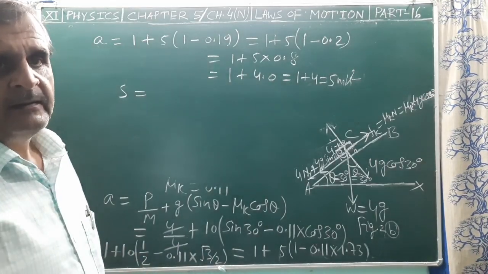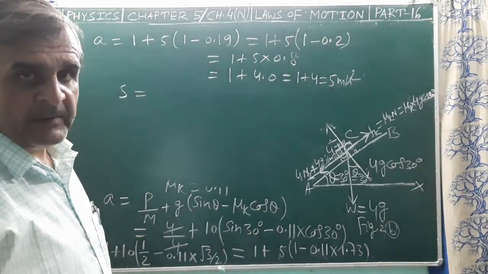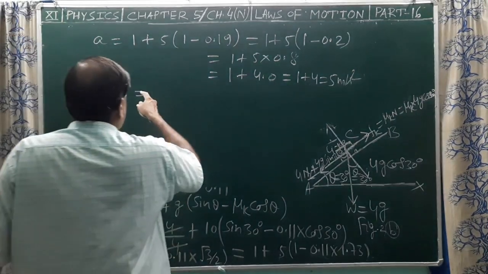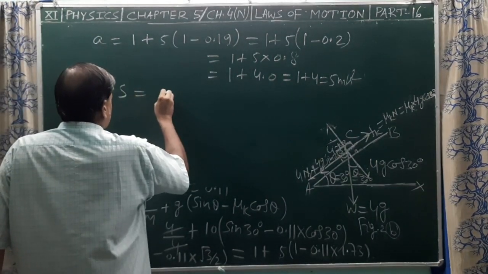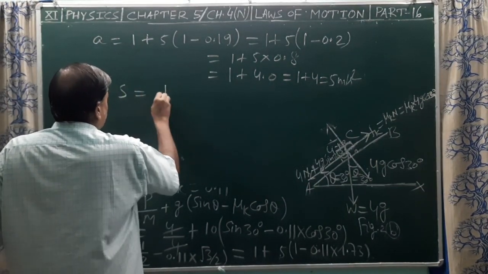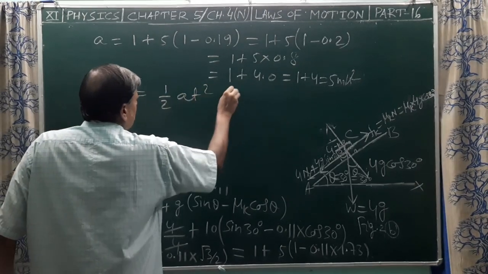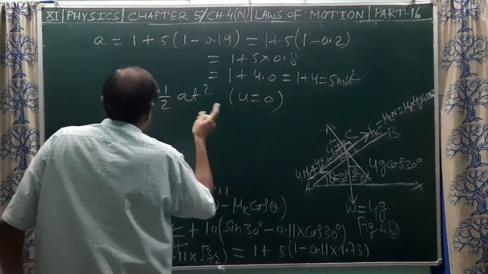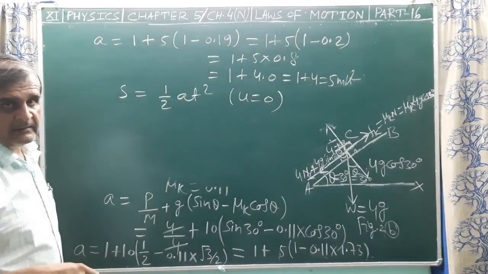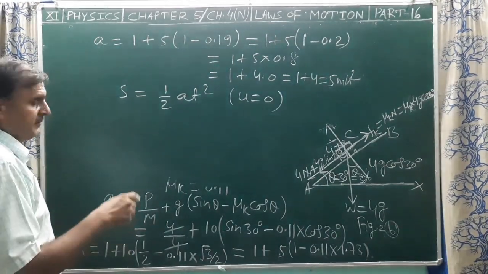First 2 seconds में ब्लॉक के द्वारा कितना रफ इंक्लाइन प्लेन पर डाउनवर्ड डिस्टेंस कवर किया जाएगा. S इक्वल टू ut plus half at square, u is 0, so we can write only half at square, distance covered by the block in first 2 seconds, t equal to 2.